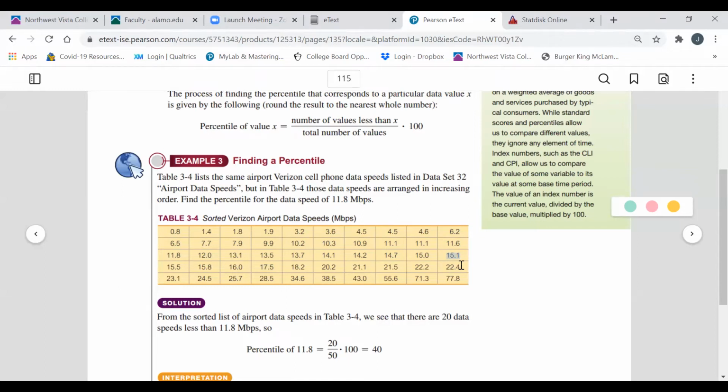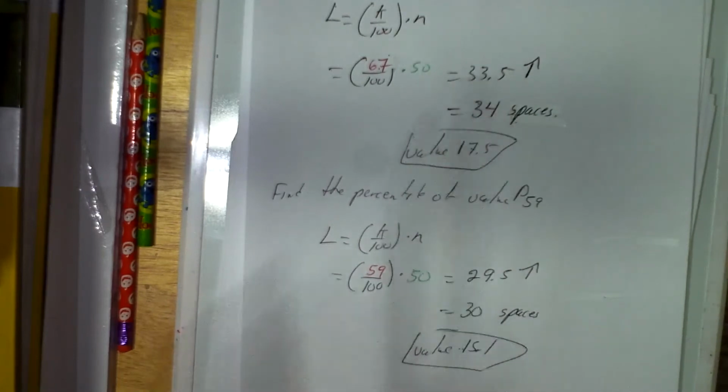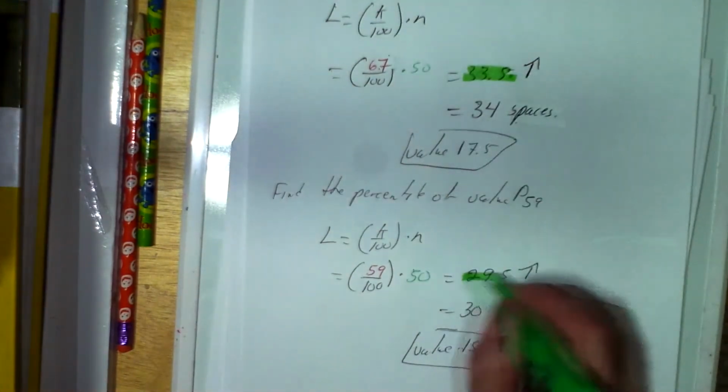Right, so you have to count spaces. That L value is not an actual number from the data, it's the number of spaces you have to count from the very beginning. So that's how it works if your L ends up being a decimal.